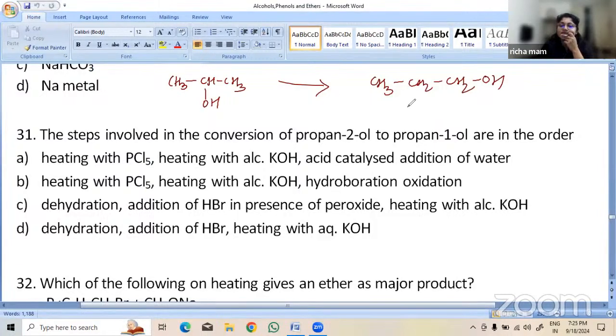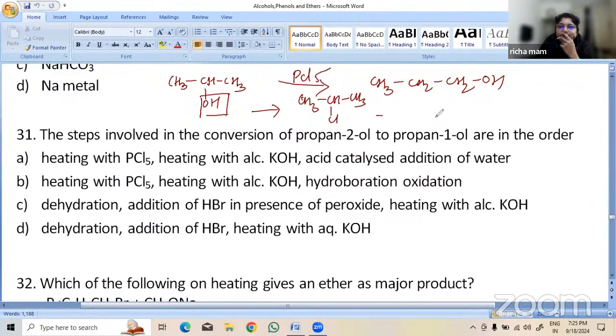So first step is what? First reaction: we have to convert this into Cl. How? By treating it with PCl5. By treating it with PCl5, we are going to get CH3CHClCH3.